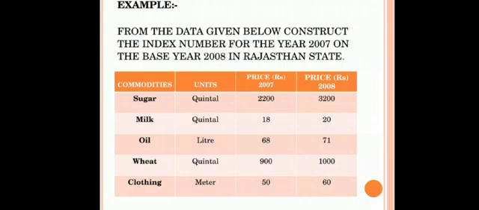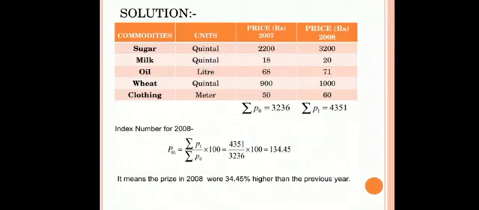An example: from the data given below, construct the index number for the year 2007 on the base year 2008 in Rajasthan state. We have commodities like sugar, milk, oil, wheat, and clothing, with base year and current year prices and units such as liters and meters.